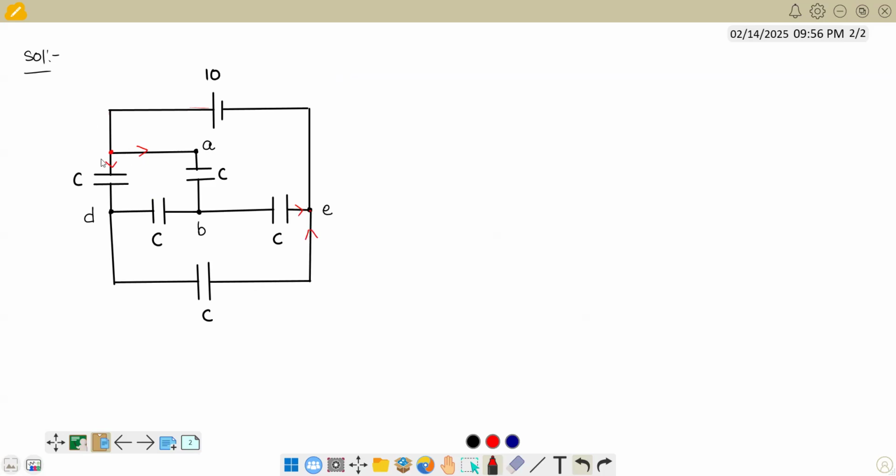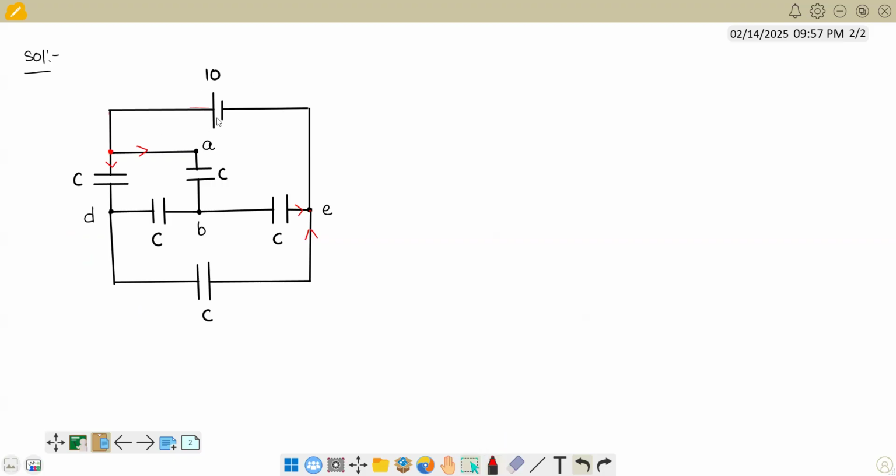If you see five capacitors, two inputs from one end of the battery and two outputs from the other end, this is also called a junction. It means he is clearly guiding you towards a Wheatstone bridge. This is an easier way to identify it.